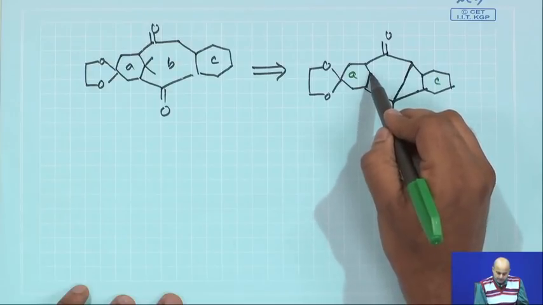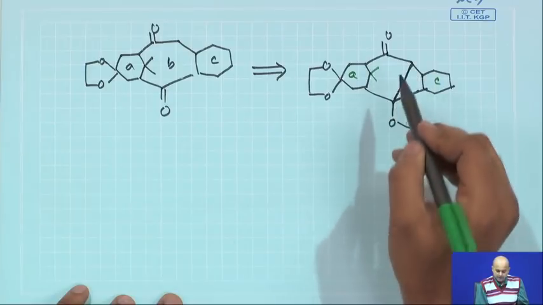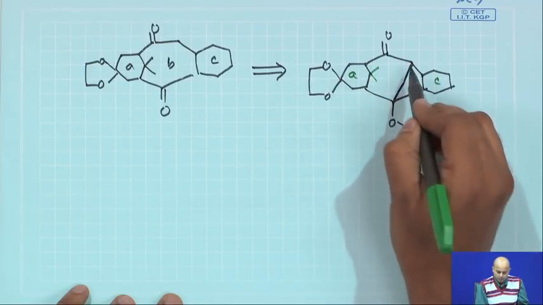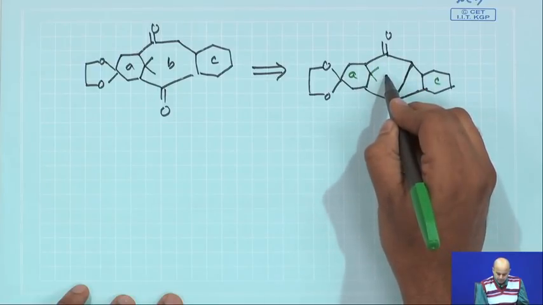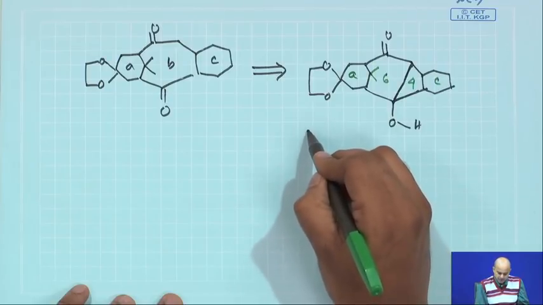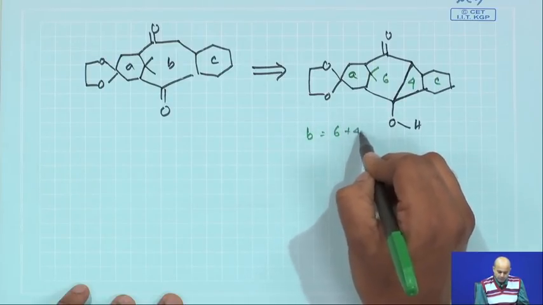Now, the middle ring which is 8-member ring, I have disconnected into a 6-member ring and a 4-member ring. So, ring B is now made from a 6-member ring and 4-member ring.